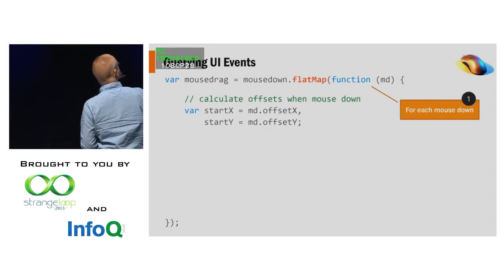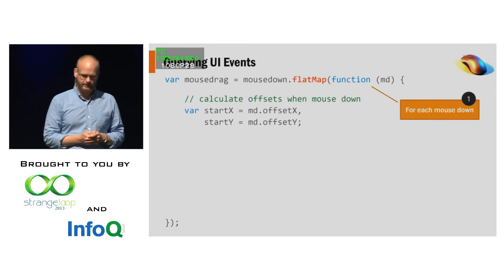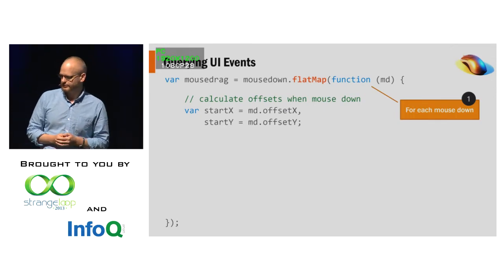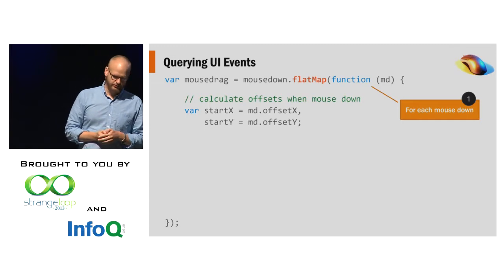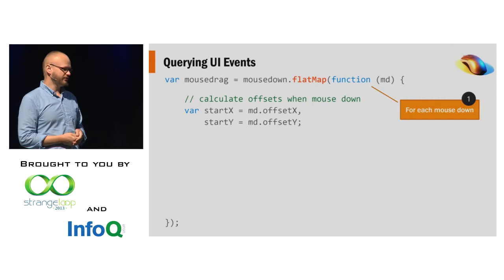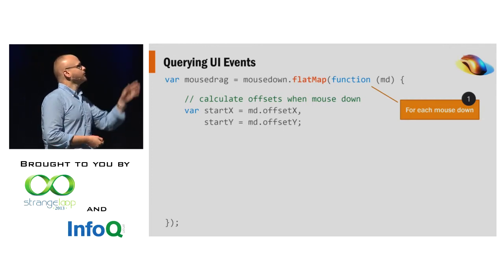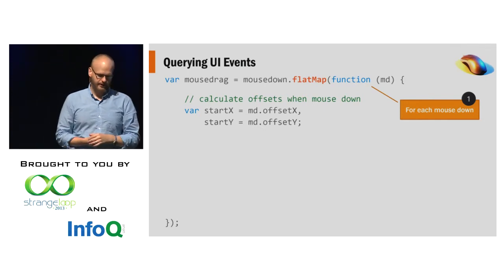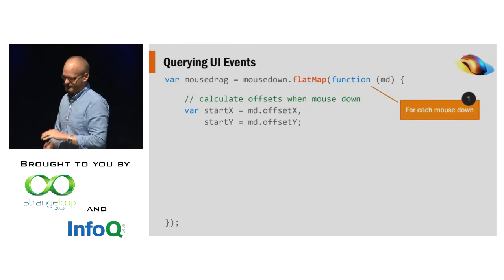So we'll get the mouse drag here just through using one of our many bindings that we have, whether you use jQuery, you use Node, you use Dojo, or just plain old HTML DOM. We've got a library for that. And what we're going to do is for every mouse down, we're going to use flat map, which basically says we're going to take a single value and then produce multiple values.